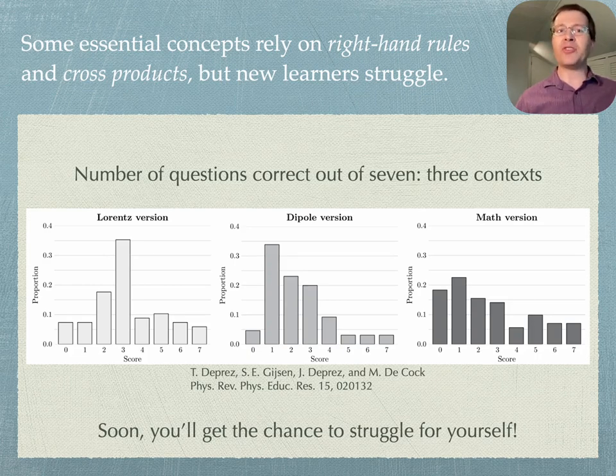From these graphs, you may be able to see that in none of the three contexts, whether different physics contexts or pure math, did most students get even half of the questions right. Three out of seven or one out of seven are often the most common number of questions right. That's the level at which these things are challenging and at which students struggle with these concepts.